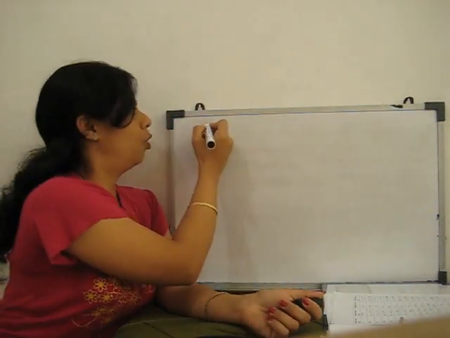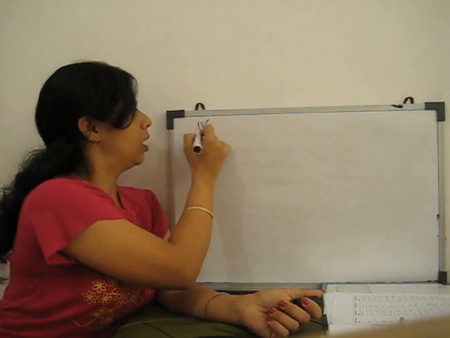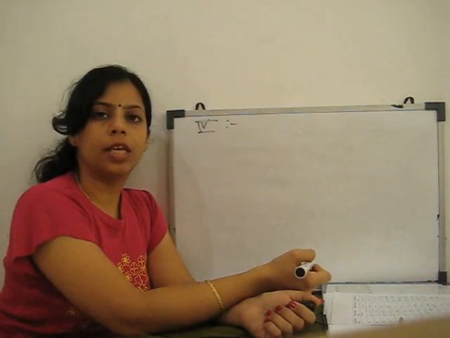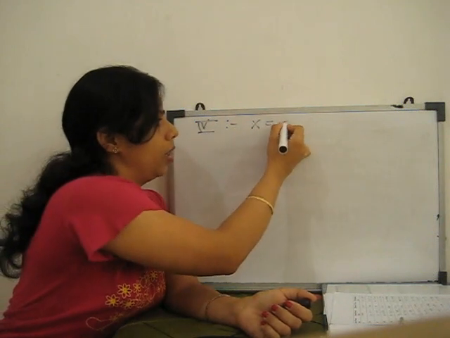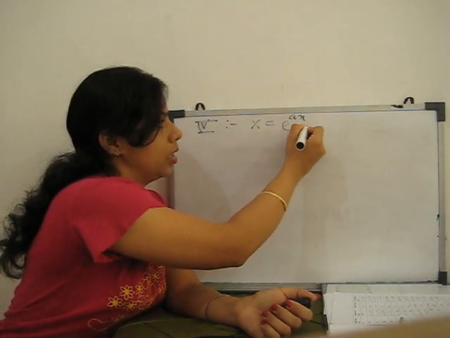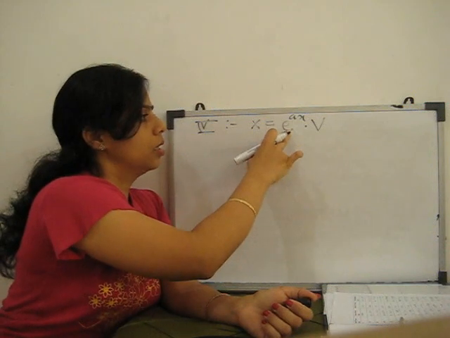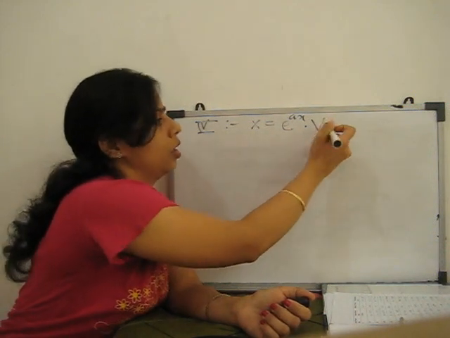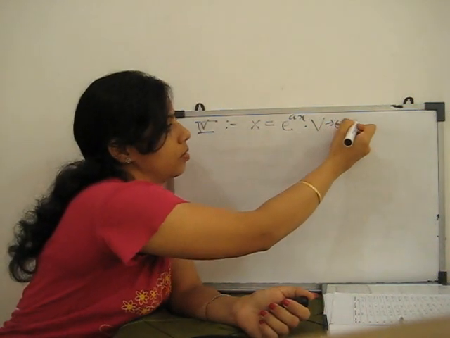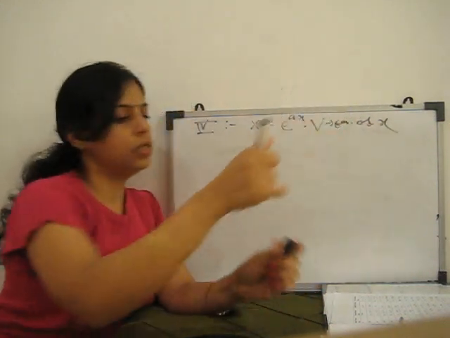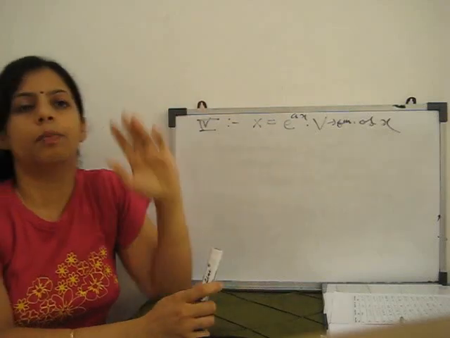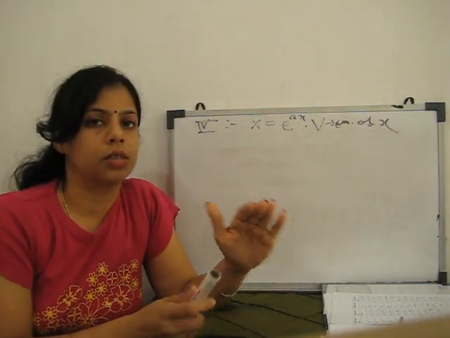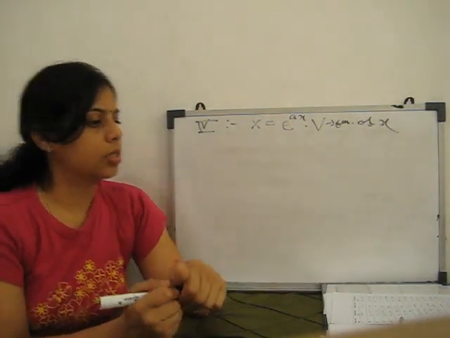So case 4. Fourth is if our given function X is e to the power ax into V, where V is any function of x, means this function of x is multiplied once more with an exponential function. Then what is the process?